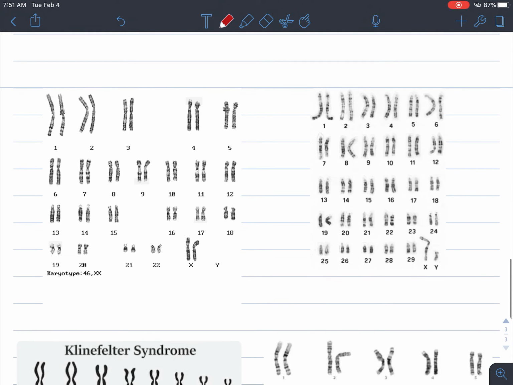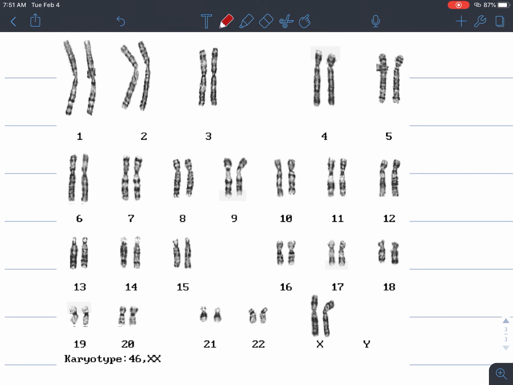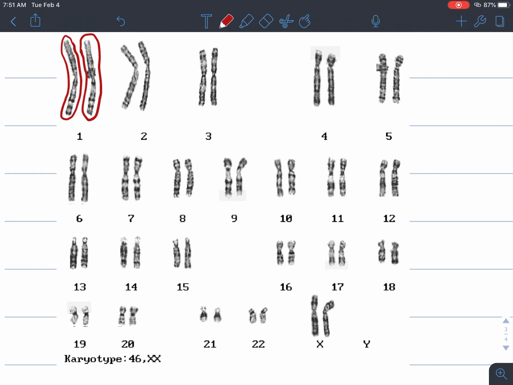So let's take a look at some actual karyotypes. If we zoom into this karyotype, we can see that first off, all of these are the same size and same shape. So those 2 are a different size and shape than these ones down here. It's important to match them each up, and what we do is we start with the longest, and then they get smaller as we go, with the last ones being little tiny short guys.